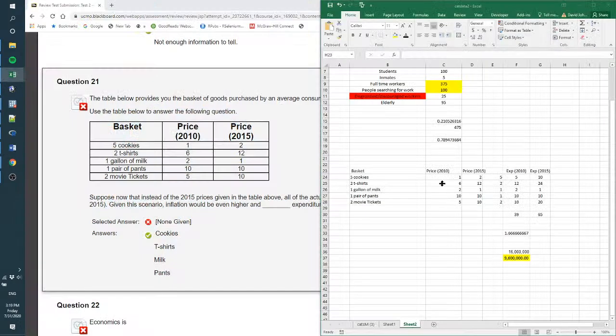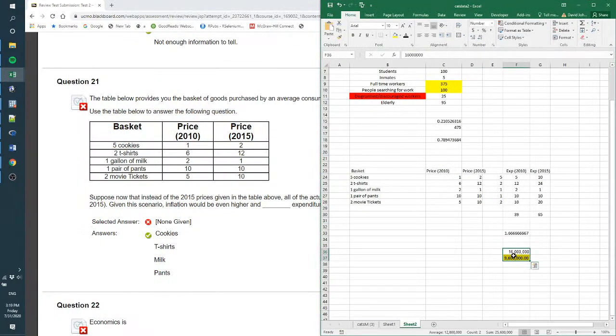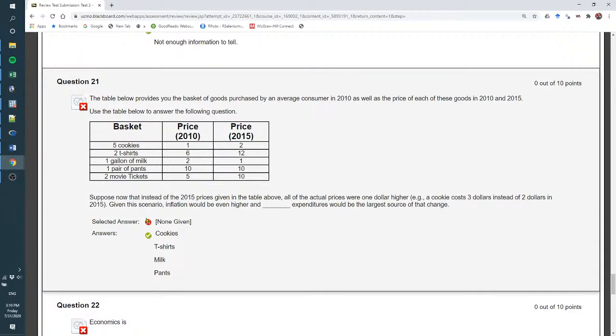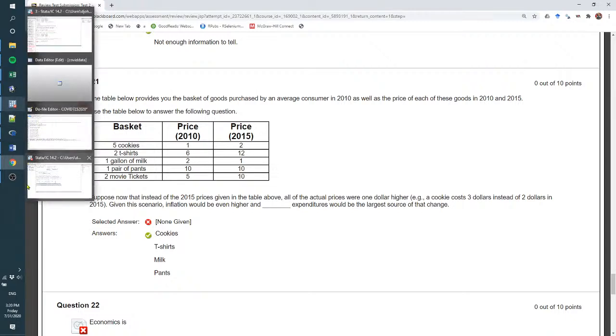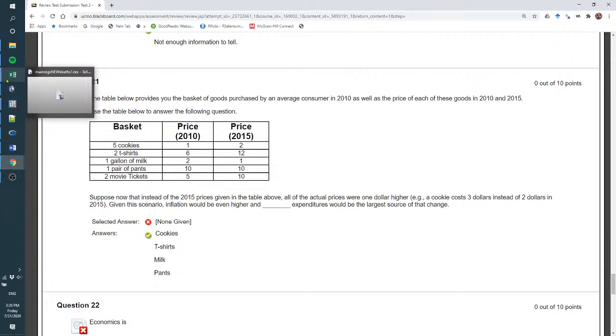Let's increase everything by $1. Given this, inflation would be even higher, and cookie expenditures would be the largest source of that change. And that's going to be absolutely true. Let me show you why.